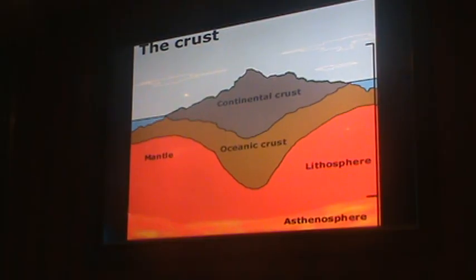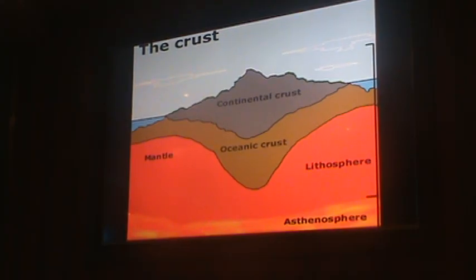Unlike the egg, where the shell is all uniform, the Earth has two different kinds of crust. One is continental crust, and the other is oceanic crust. Continental crust is thick. Oceanic crust is thinner. But even though the oceanic crust is thinner, it's more dense than the continental crust. And this outer crust on the Earth is moving, and it's being moved by the material that makes up the mantle.